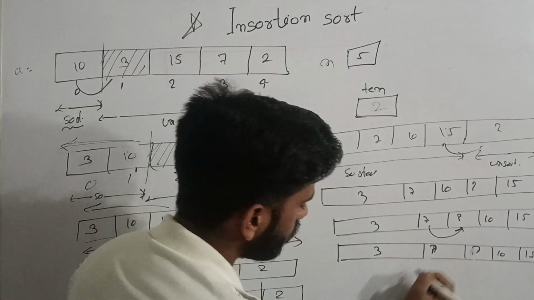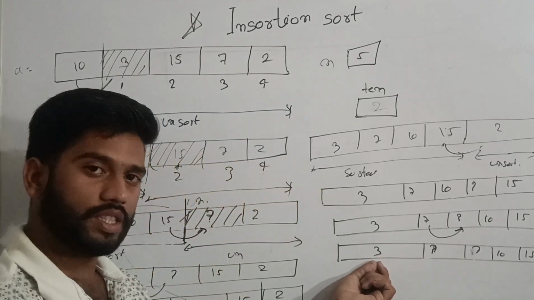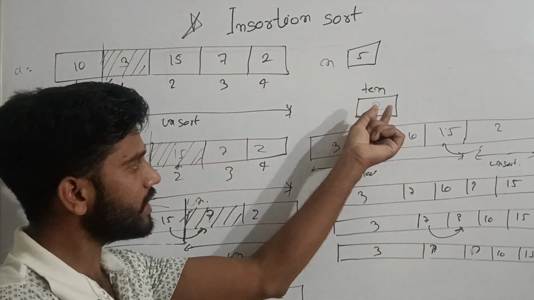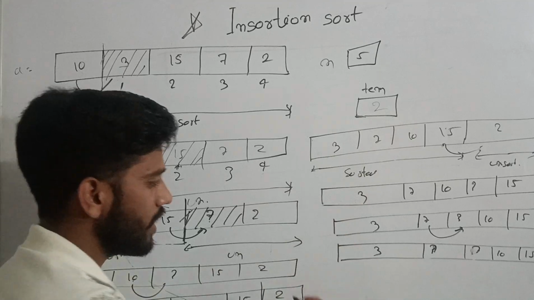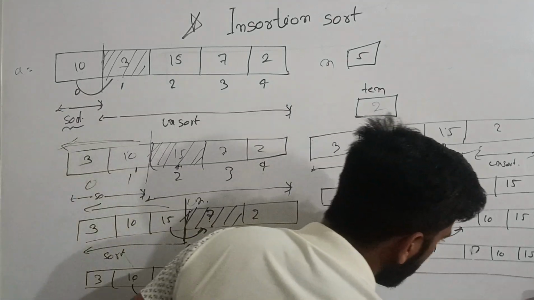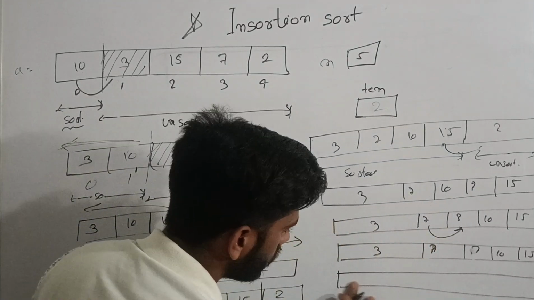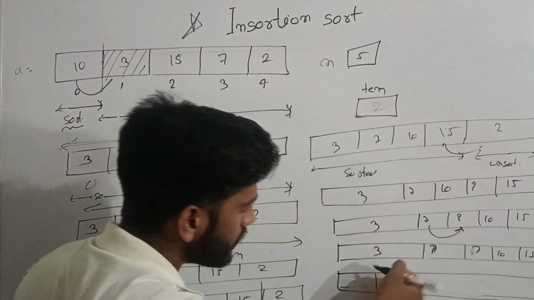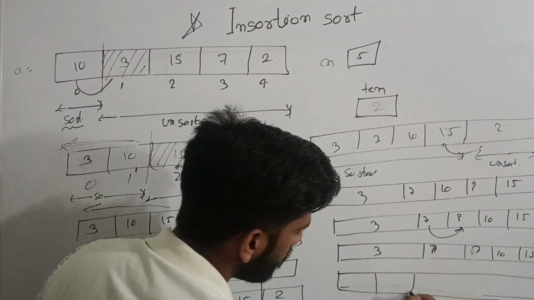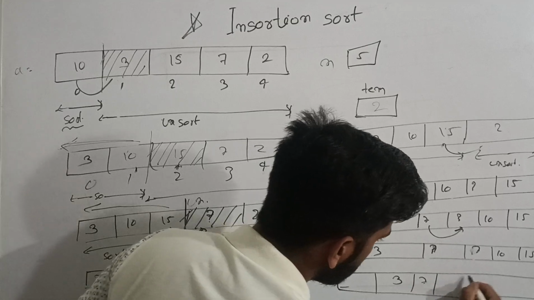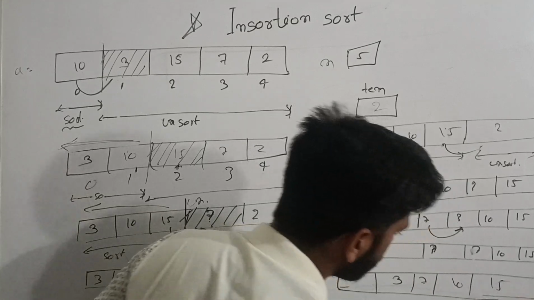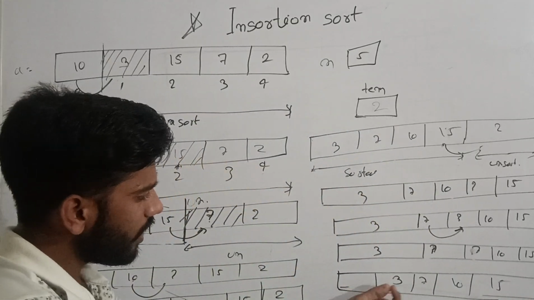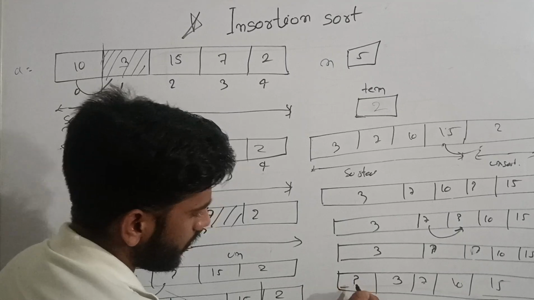Now again it will be checked. 3 is greater than the temp variable. Yes, so again it will be shifted, 3 will be shifted here: 3, 7, 10 and 15. Now here is a question mark.